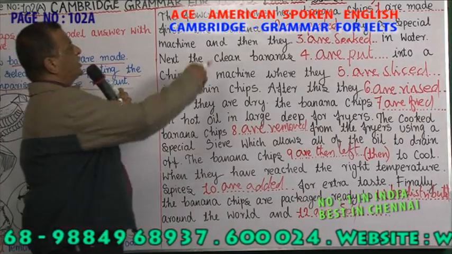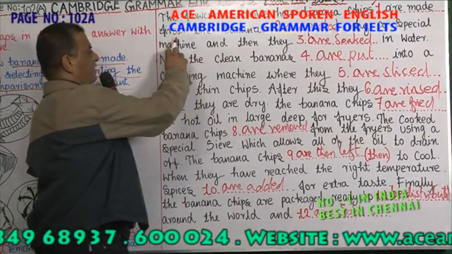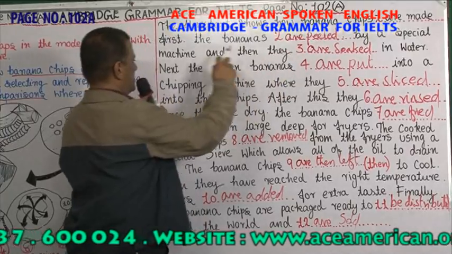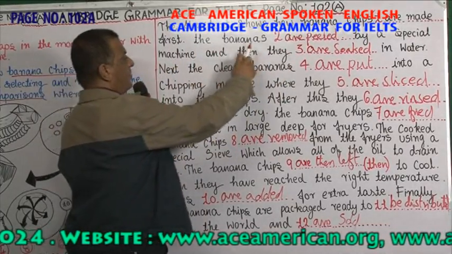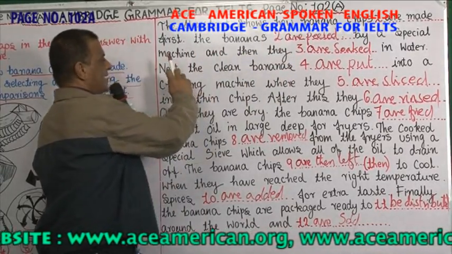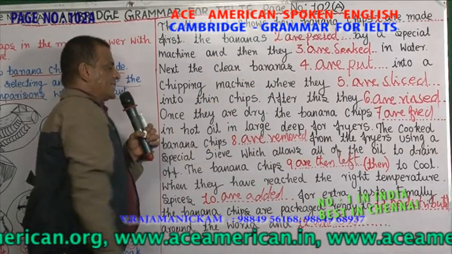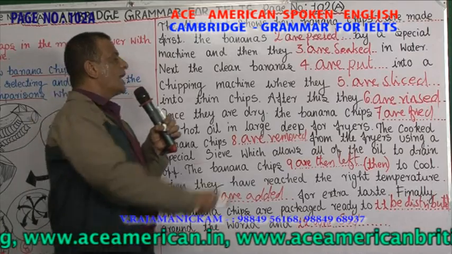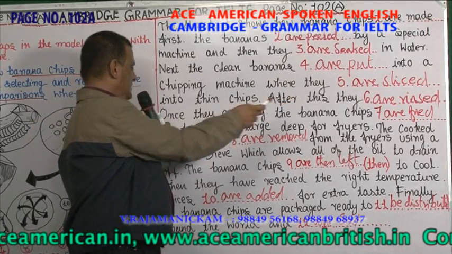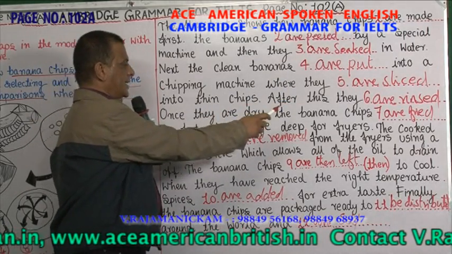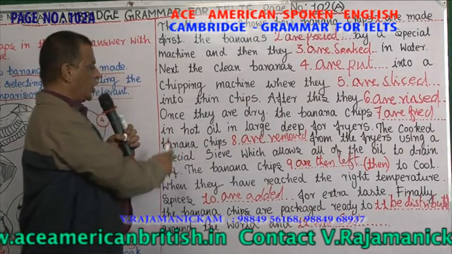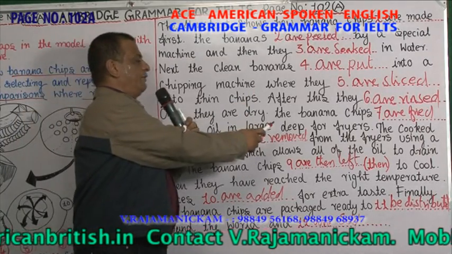So the following chart shows how banana chips are made. First, the bananas are peeled by a special machine, and then they are soaked in water. Next, the clean bananas are put into a chipping machine where they are sliced into thin chips. After this, they are rinsed. Once they are dry, the banana chips are fried in hot oil in large deep fryers.